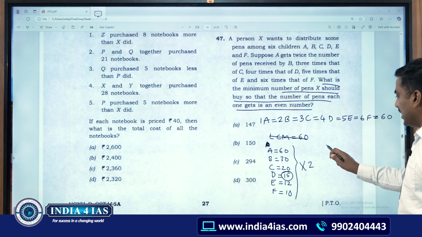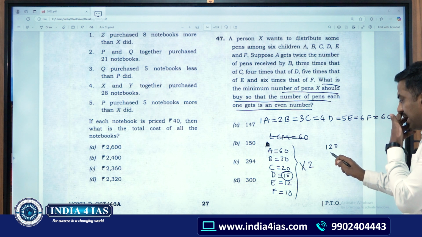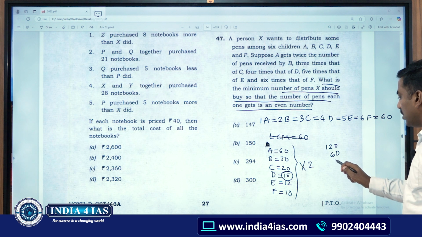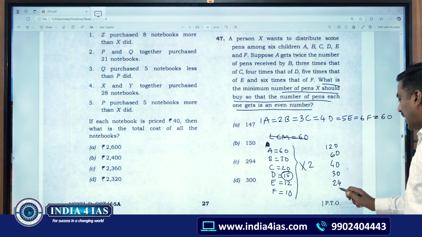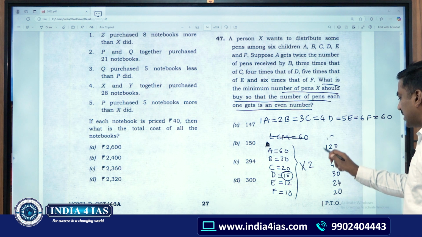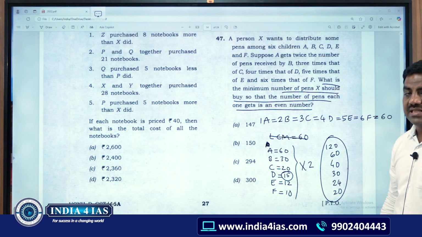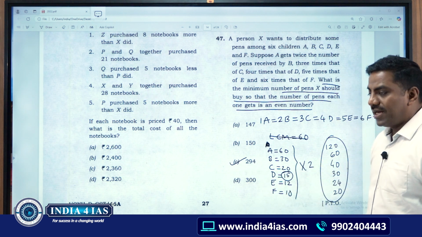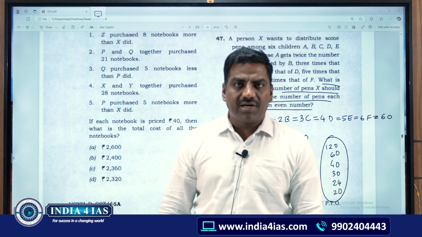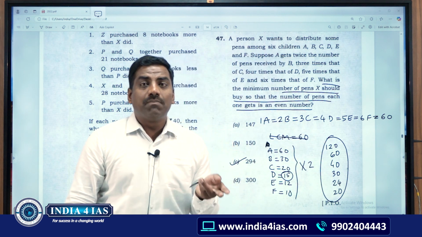Then in that case, A will get 120, B will get 60, C will get 40, D will get 30, E will get 24, and F will get 20. These are the numbers that they have to get so that they get even numbers. So when you add all these things, the answer is 294. This is the LCM problem straight away, but they want the even number.